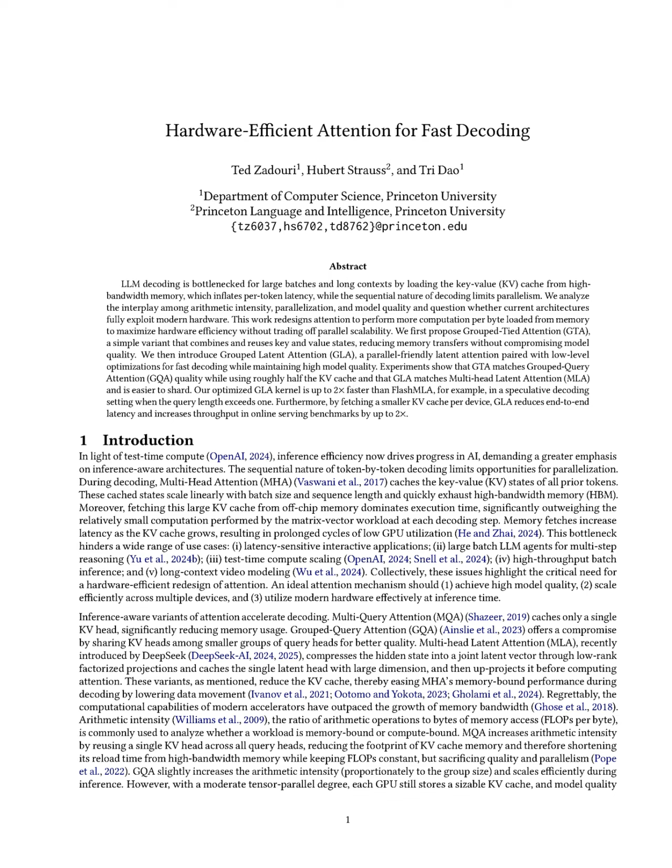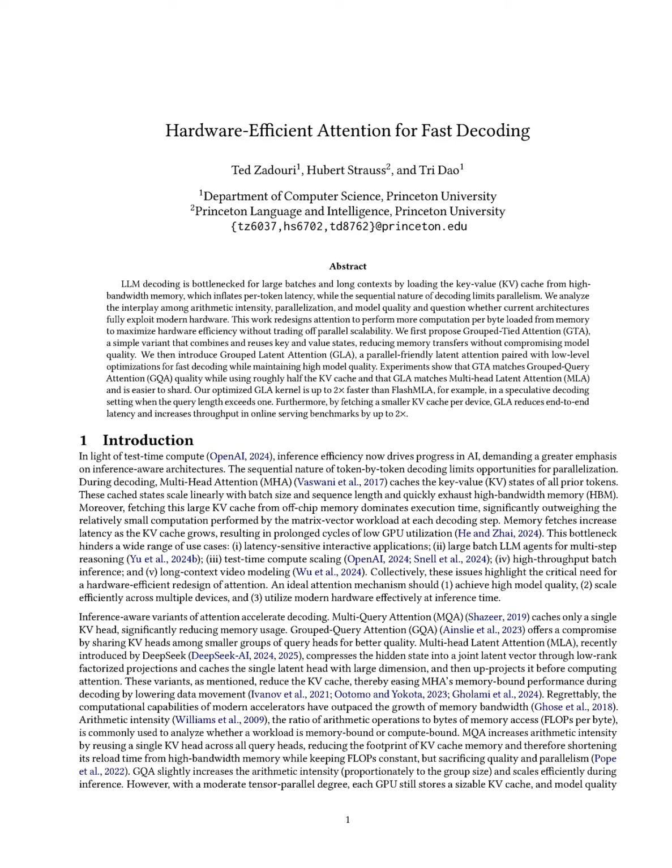The sequential token-by-token decoding process leads to significant latency due to the large key value, KV cache that must be fetched from high-bandwidth memory, HBM, which can quickly exhaust available memory and reduce GPU utilization. This inefficiency is particularly crucial for latency-sensitive applications, large batch inference and multi-step reasoning tasks, where prolonged latency can severely impact performance.